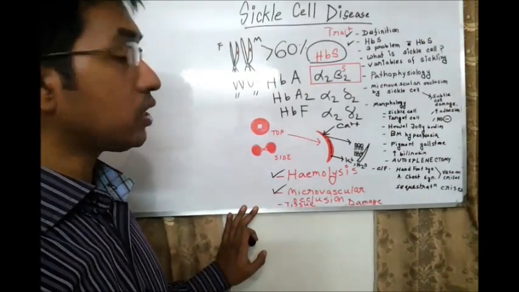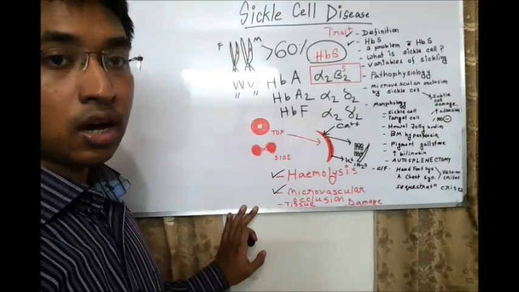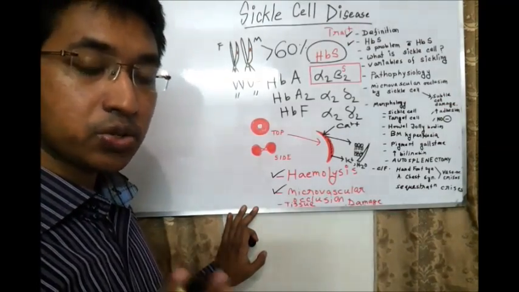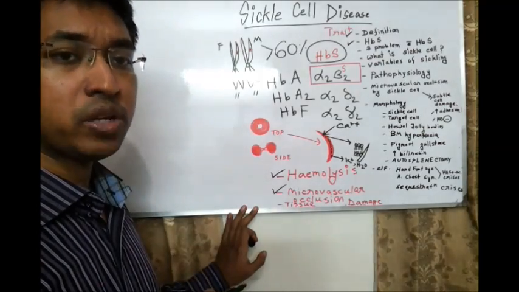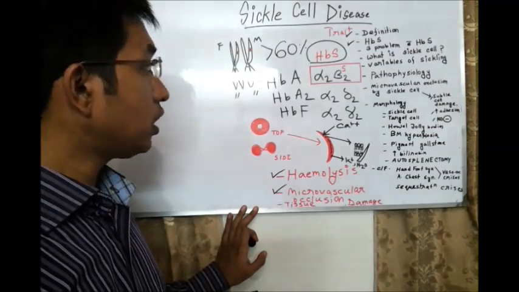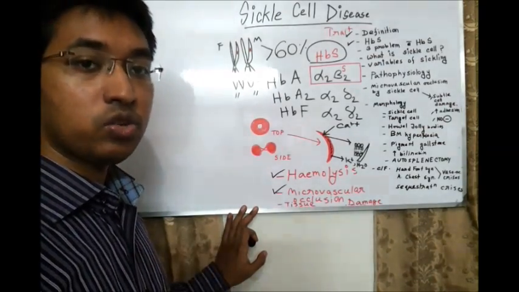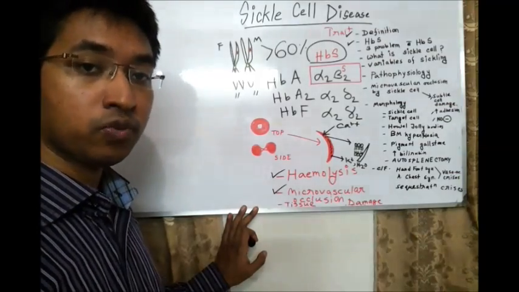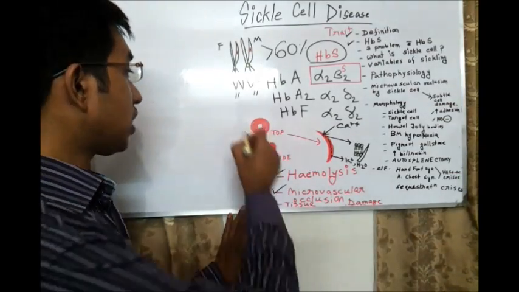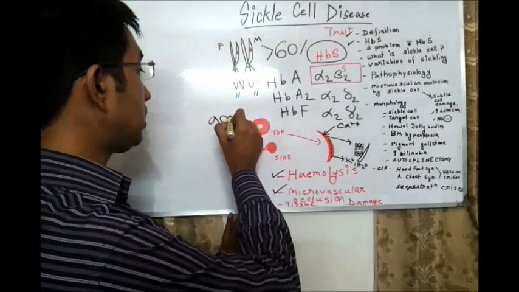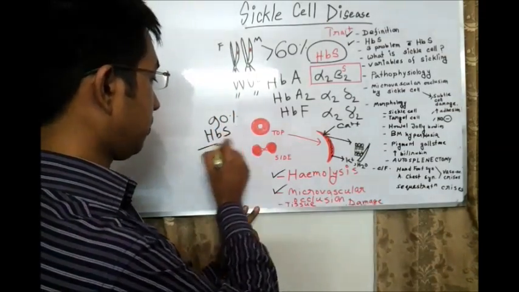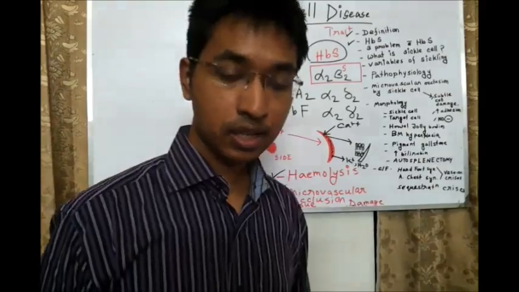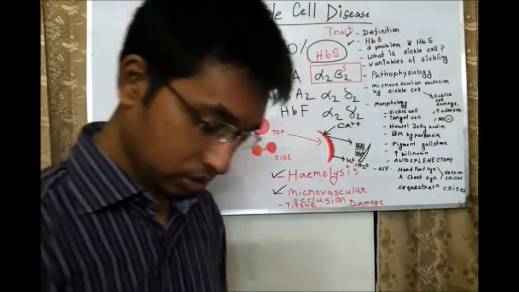Okay, that's why sickle cell trait doesn't show the disease, because in sickle cell trait we have very few amounts of hemoglobin S, but in case of the sickle cell disease, which is the homozygous form of the disease, we have sometimes even 90% or more hemoglobin S, and that causes sickling and the other problems.